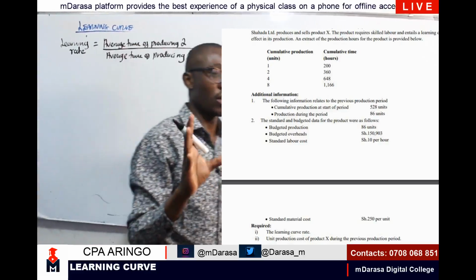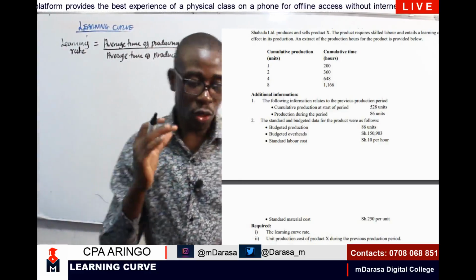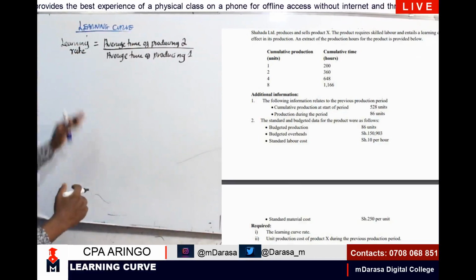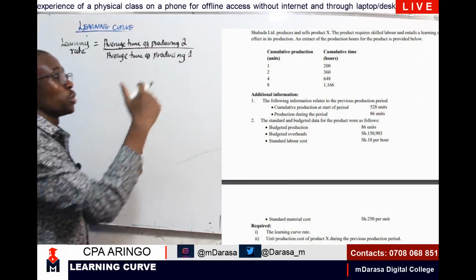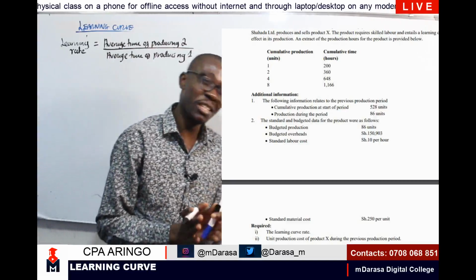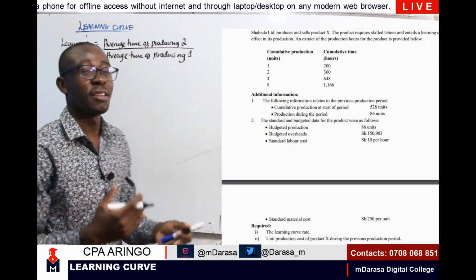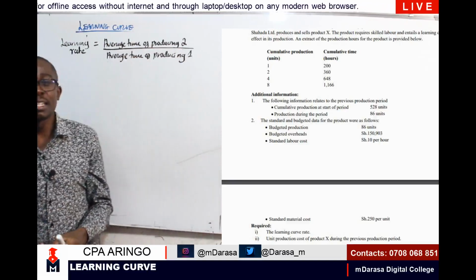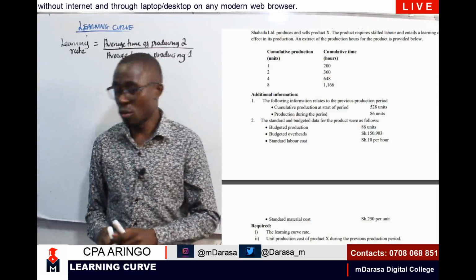So you must have the concept of the average time. If you're not given the learning rate and you're supposed to determine it, just know that you take your average time of producing, say, the second batch or the second units, whatever will be given, and you divide by your average time of producing the first unit. That's the best and easiest way that you can determine your learning rate if not given.